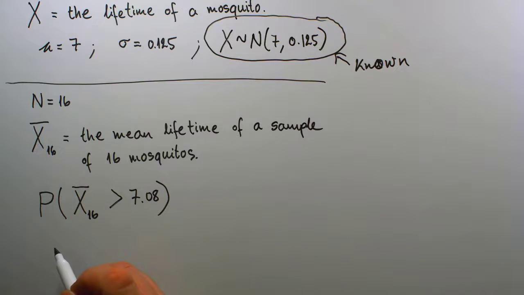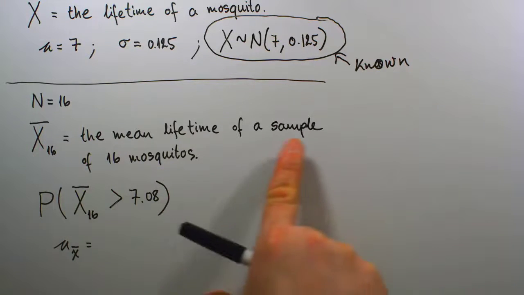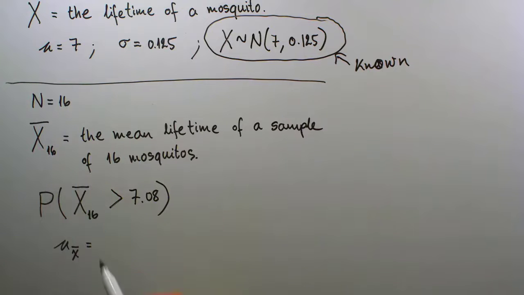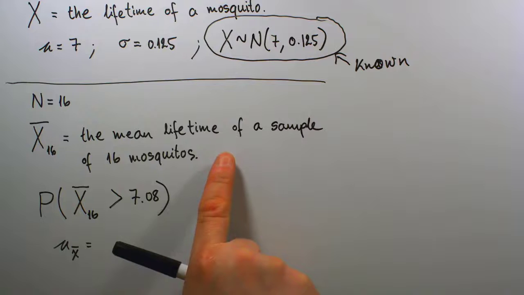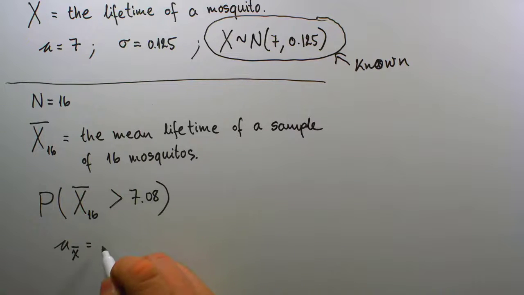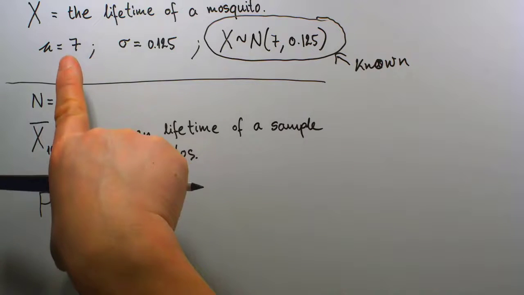learning from all the key steps there, I know I'm looking for the probability that our random variable is in an interval of values. But now I need to know what mu x bar and sigma x bar this sampling distribution has. Mu x bar, the center of this sampling distribution, must always equal mu, which in this case is 7, because mu was already known to be 7.